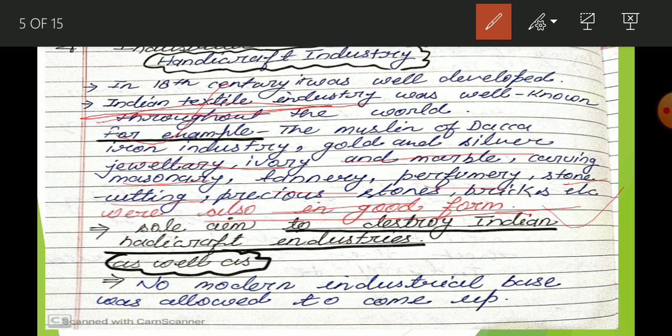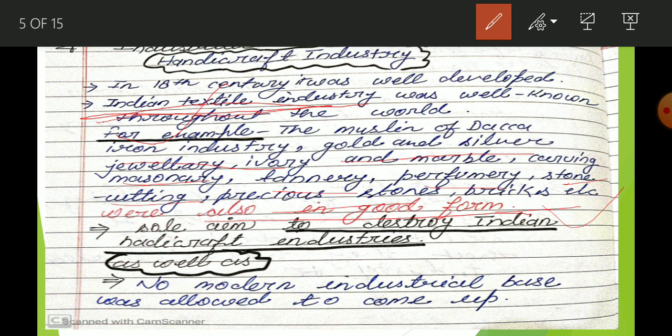We were able to produce according to our country's need, and also produce in surplus amounts, which we were able to sell outside the country and generate good income.